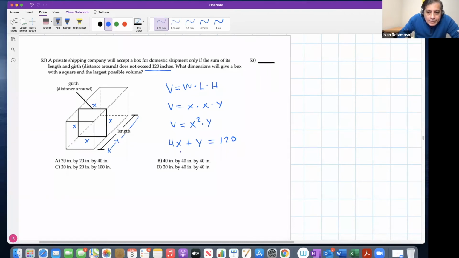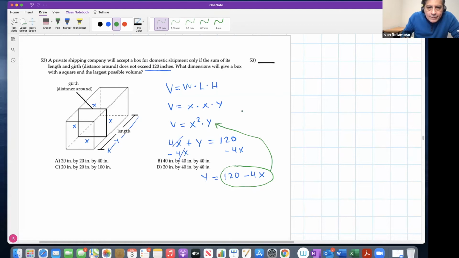Remember, from the constraint, we isolate our y. y equals 120 minus 4x. I got y in terms of x from my constraint, and we know that this must be substituted into the objective function, so that we get our volume in terms of just one variable, in this case, x.